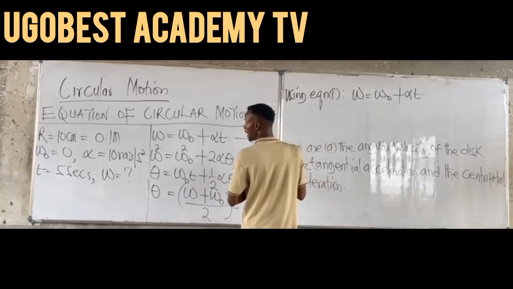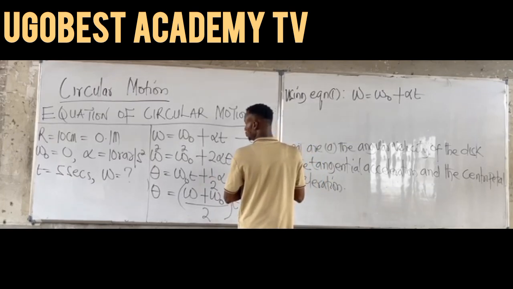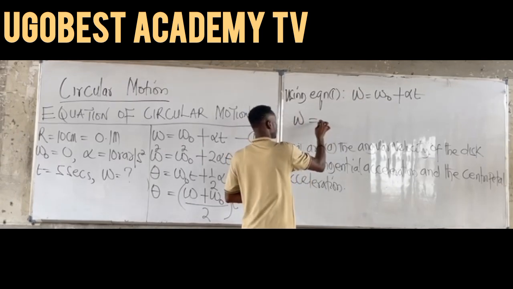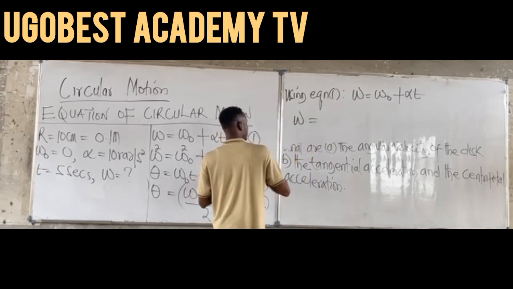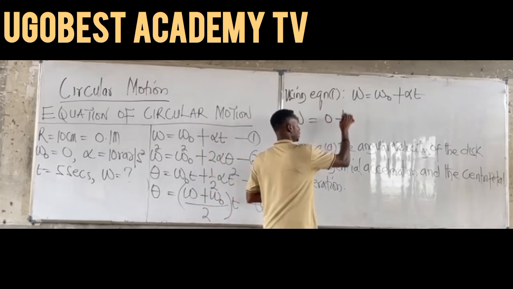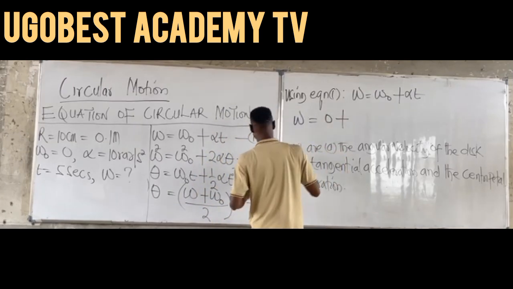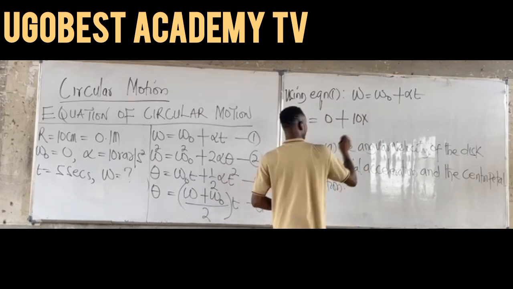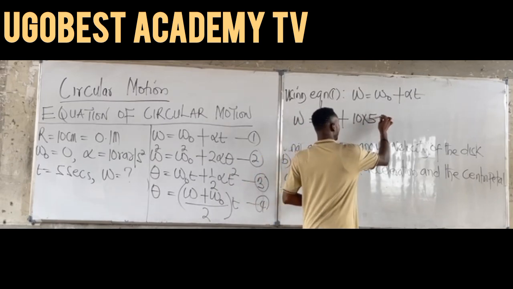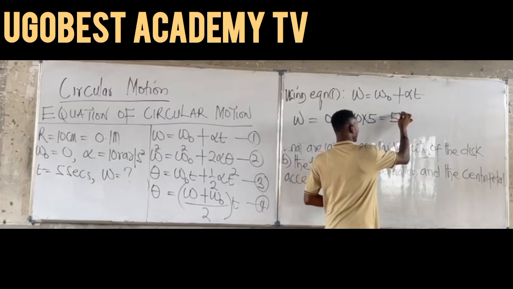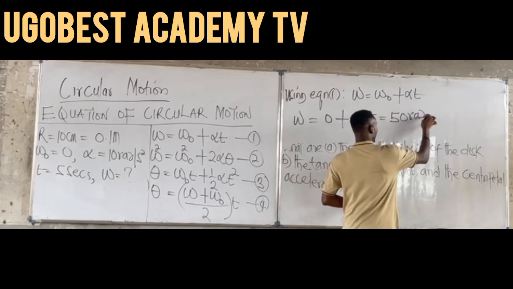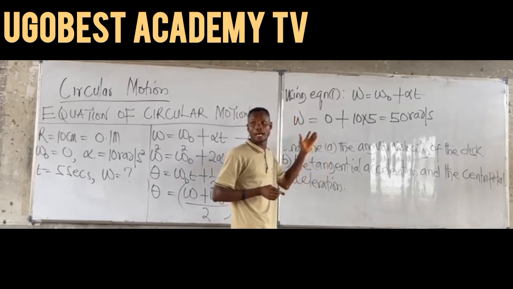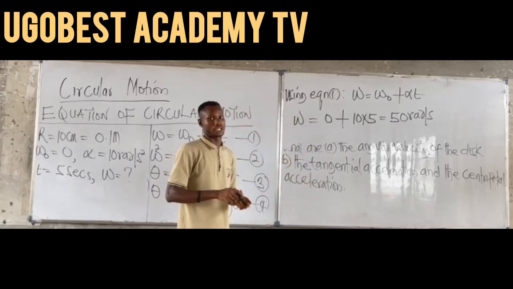Omega is equal to omega naught, which is 0, plus alpha, which is 10, times our time here, which is 5. So our answer here is said to be 50 rad per seconds. Okay, now the unit of omega is rad per second.